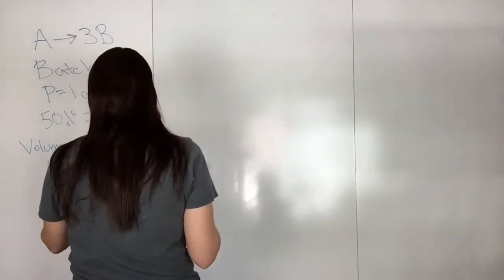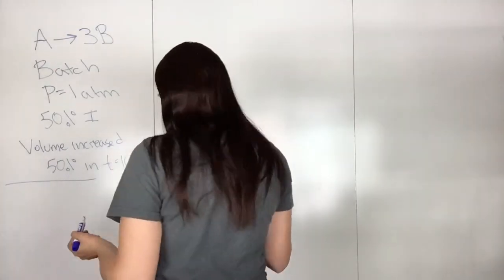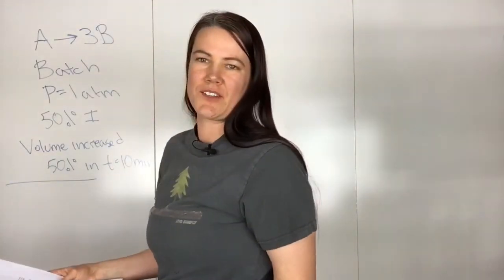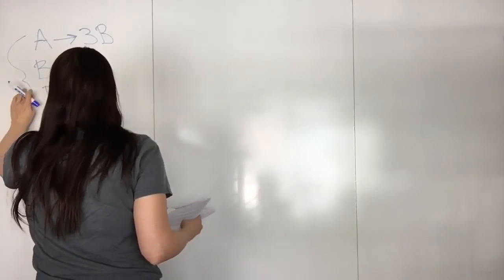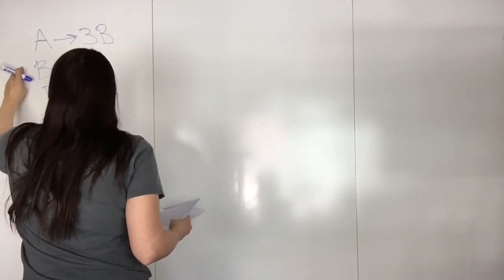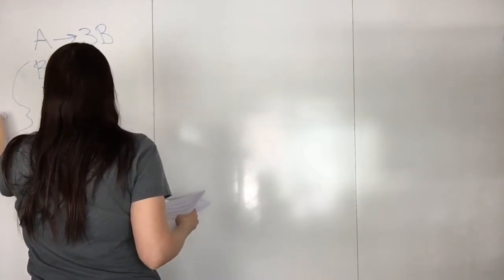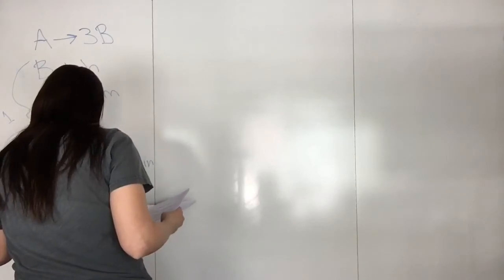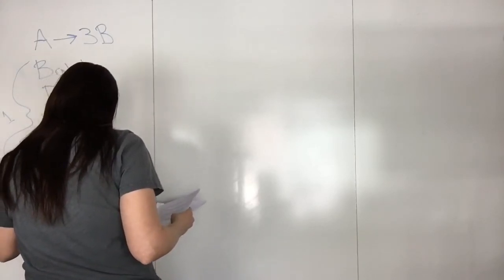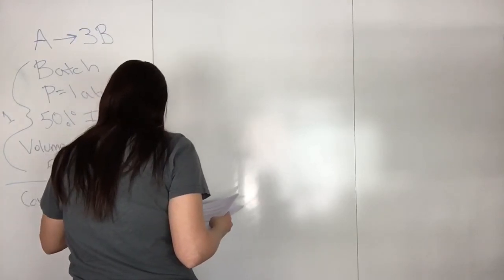Then it says in a constant volume batch reactor, so now you have a batch reactor that's constant volume, so this is part one, constant volume batch.